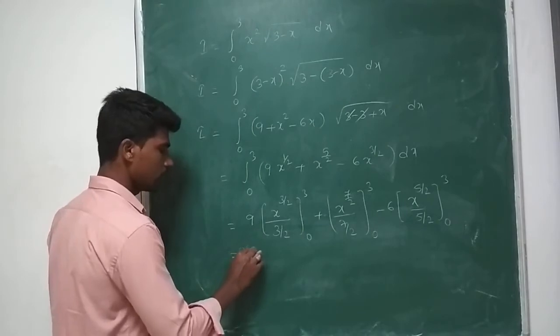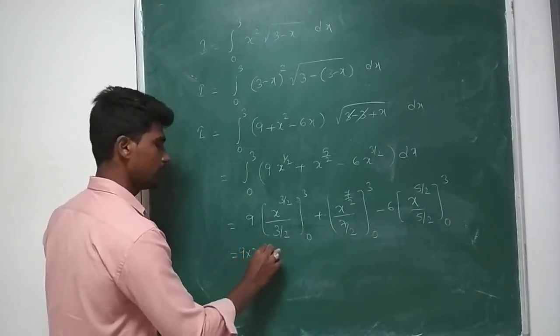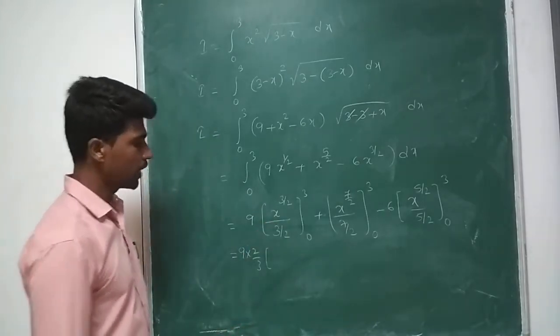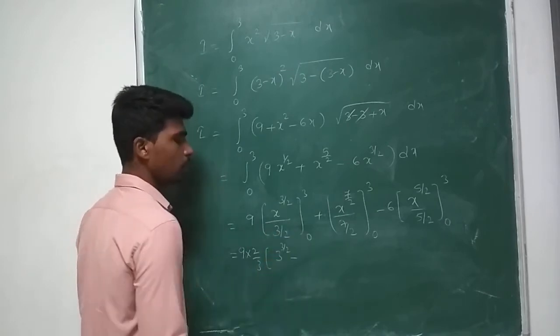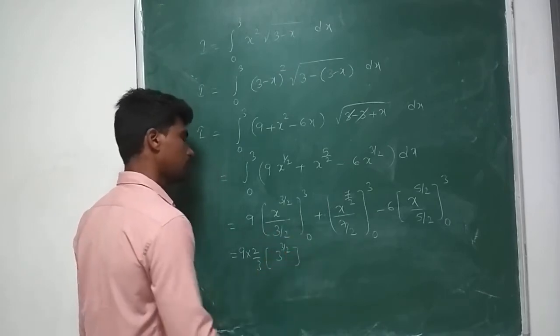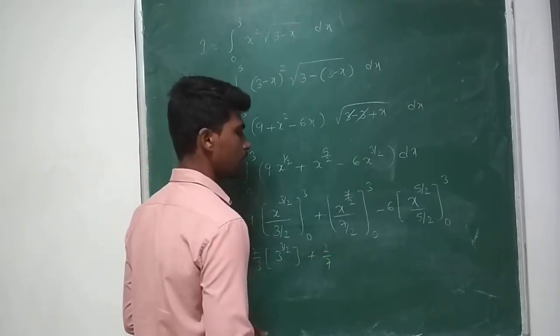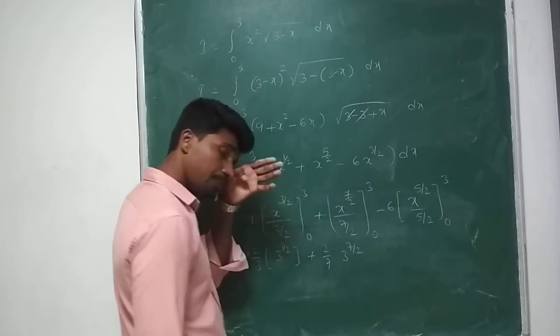The 9 is a constant and the denominator is a constant, so we write it outside: 2 by 3, x power 3 by 2. So we get 3 power 3 by 2 minus 0 power 3 by 2. I get 3 power 3 by 2 plus 2 by 7 into 3 power 7 by 2.